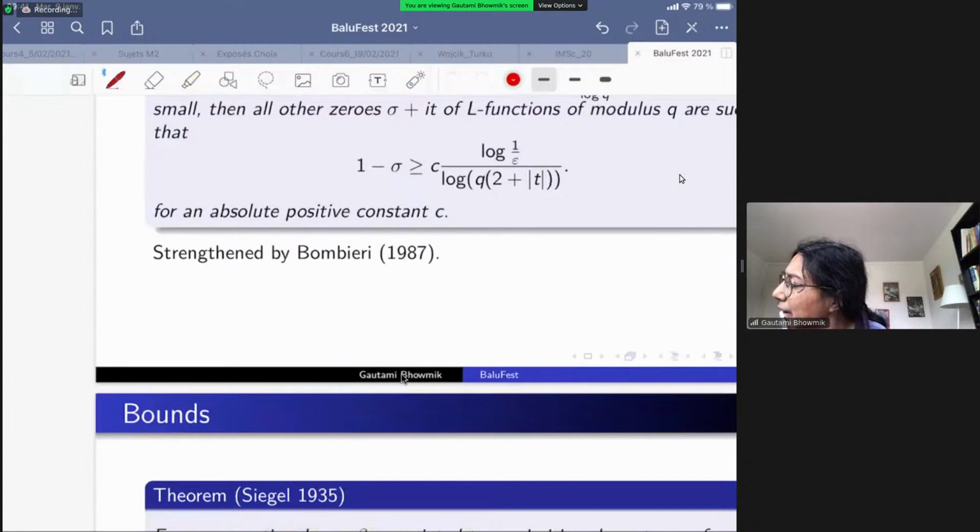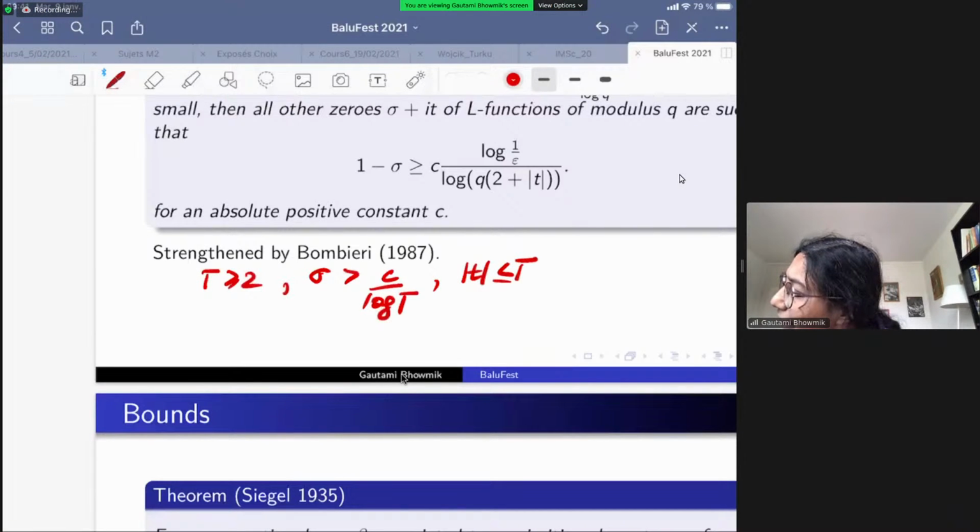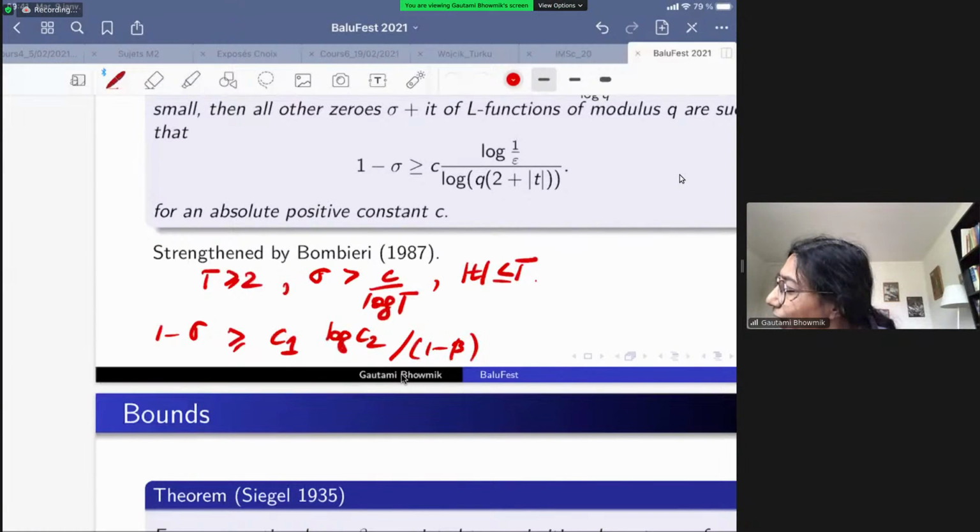Bombieri showed that I take some T greater than or equal to 2, and beta is an exceptional zero, for sigma greater than some constant c by log T, with little t bounded by the big T. Then there exist constants C1 and C2 such that this 1 minus sigma can be written as C1 times log of C2 times 1 minus beta times log T, and the whole thing divided by log T.